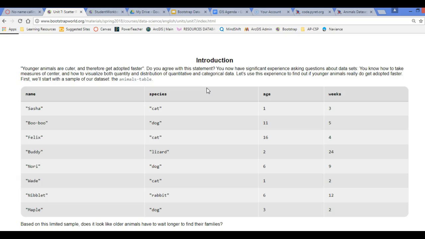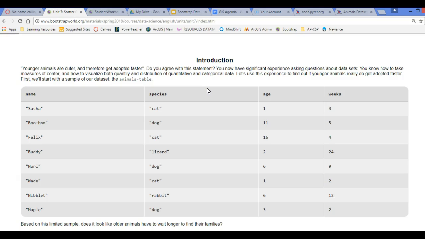Maybe you do. But now that we have some experience asking questions about data sets, you know how to take measures of center. So remember, there are 3 ways we can measure center: mean, median, and mode, and how to visualize both the quantity and distribution of qualitative data and categorical data.